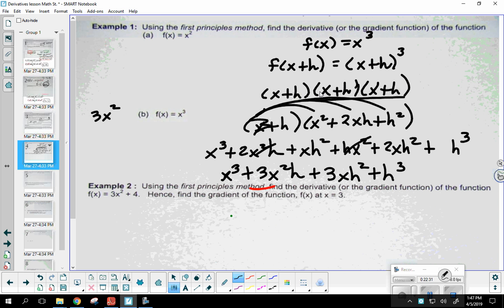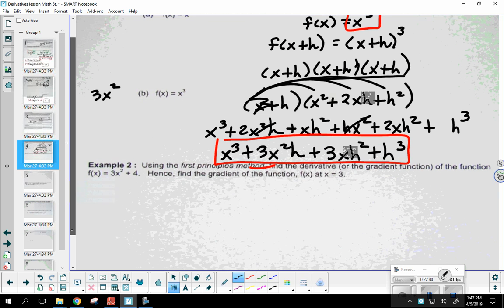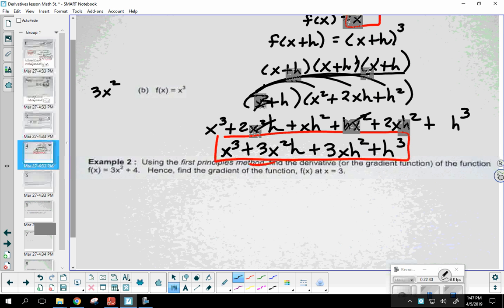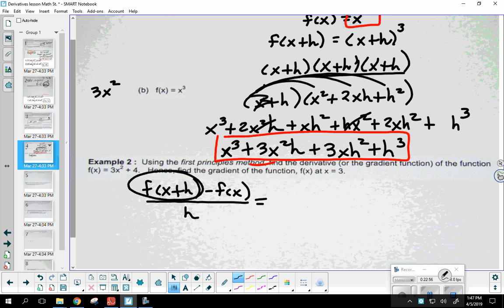Now remember, these two here, f of x and f of x plus h, I'm going to apply to this formula. So f of x plus h minus f of x all over h. Okay. So this guy right here, the f of x plus h, I'm going to replace it with that 4-term expression.